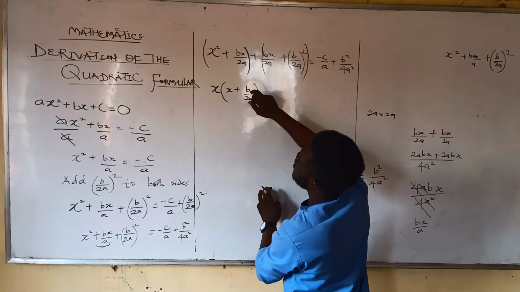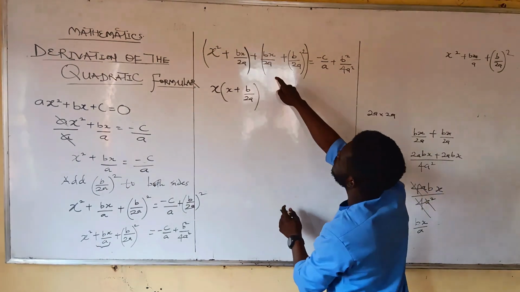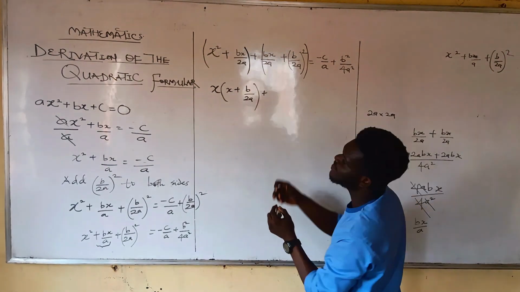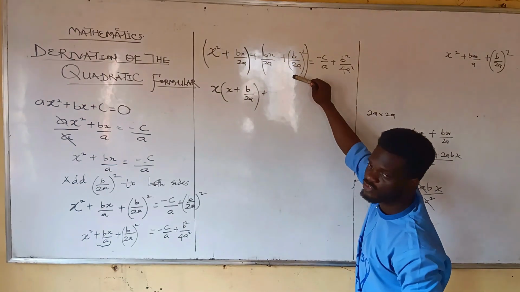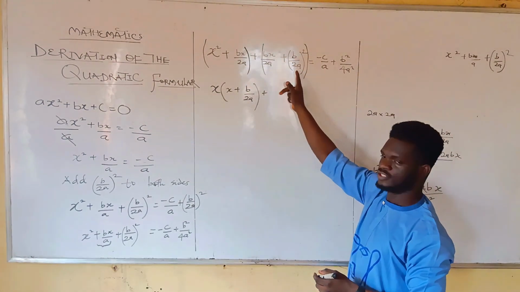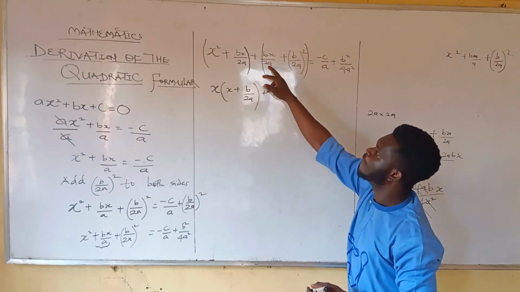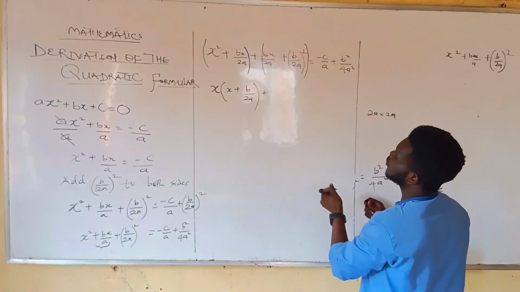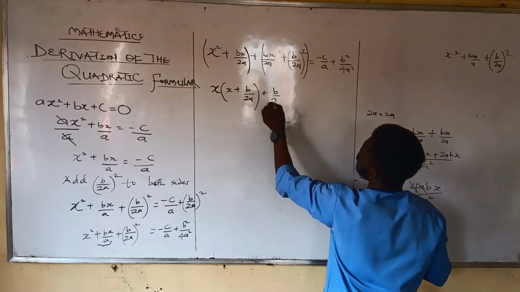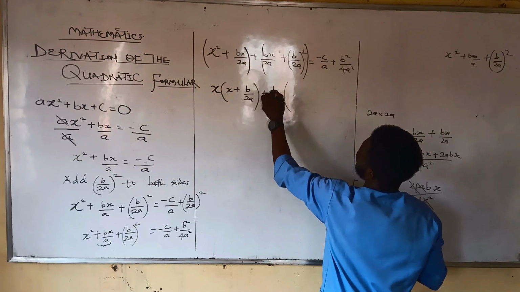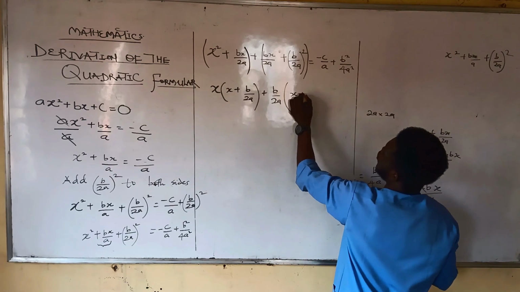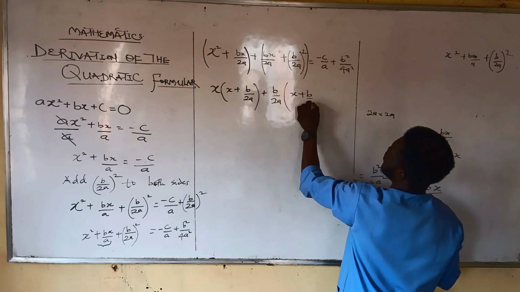Here I'm not putting x because x has been factorized. Same also here, but in this case, x is not common. What is common here is b over 2a. B over 2a is doubled here, while b over 2a is also here. So we are going to bring out b over 2a. Then what do we have inside? We have x plus b over 2a.